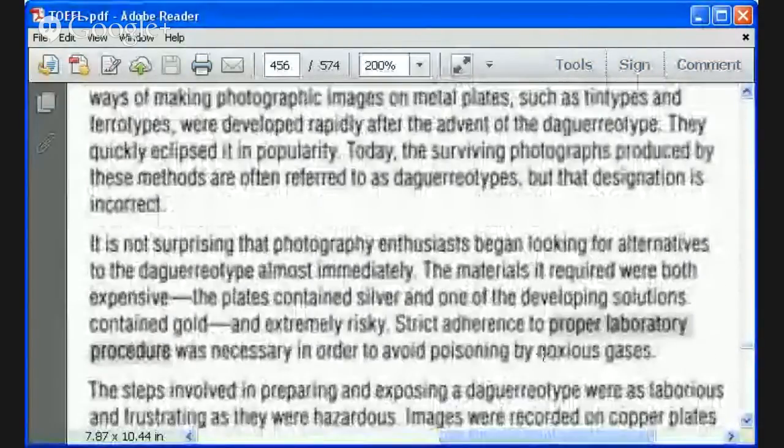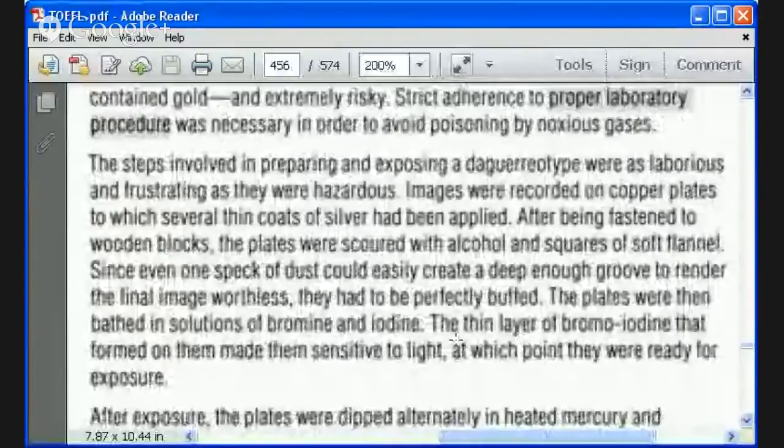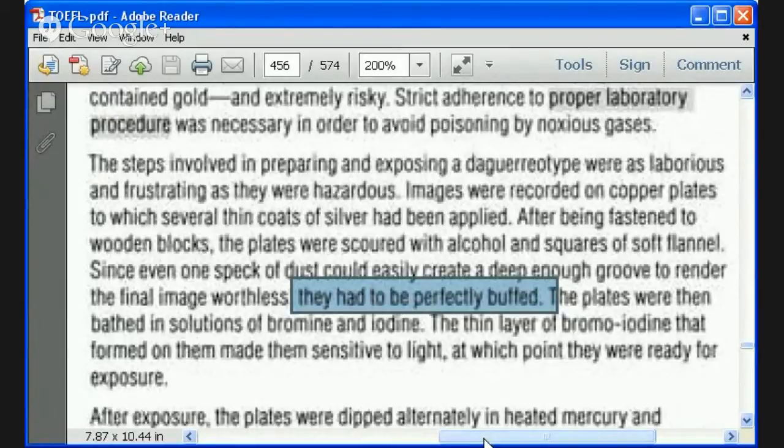Okay, 1, 2, 3. All right. So can we find buffed? Maybe we can't. Ooh, they had to be perfectly buffed. Oh, look, there it is. So why it's buffed, I suppose, is going to be explained before it.